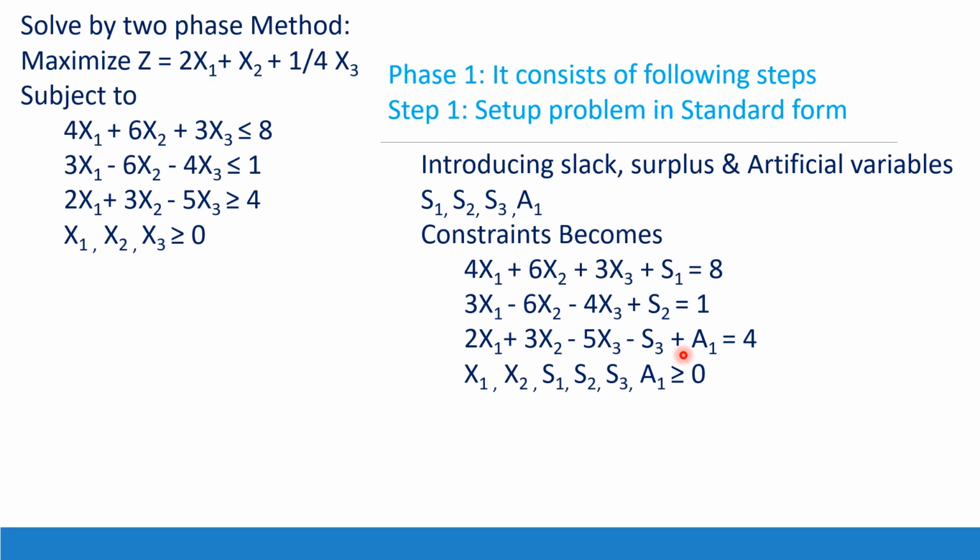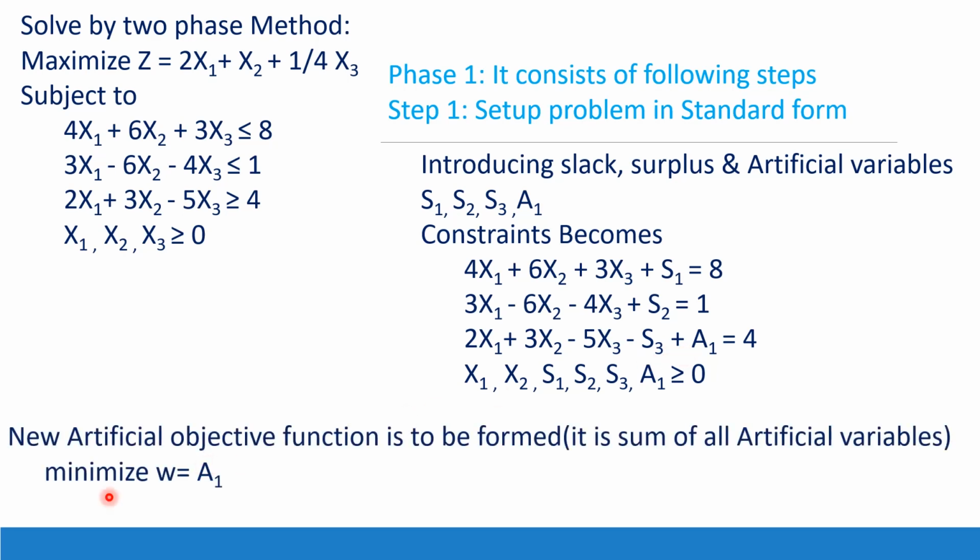Therefore the artificial objective function is minimize W equals A1. If there were multiple artificial variables, it would be the summation of those multiple artificial variables.